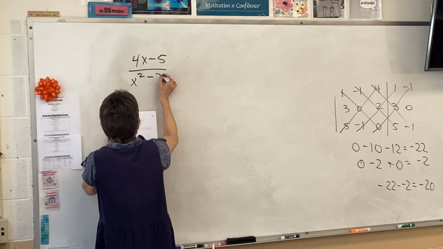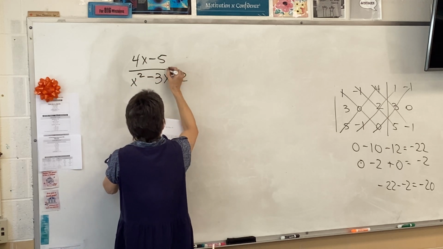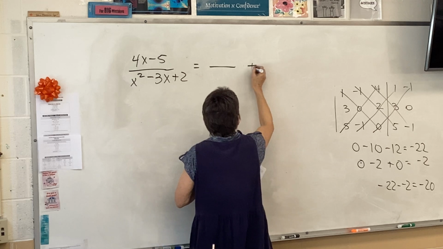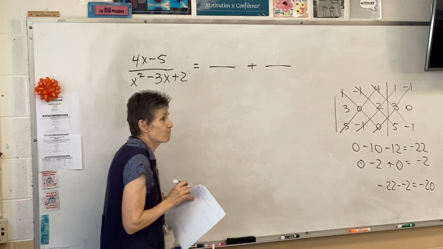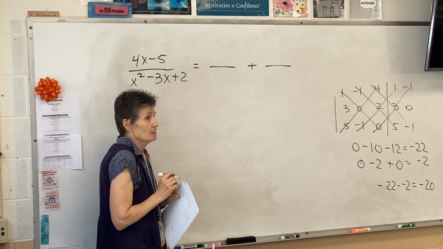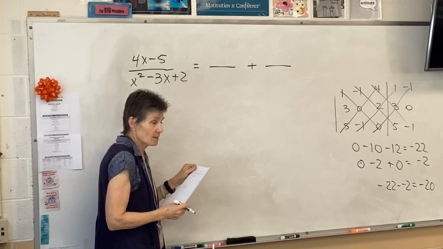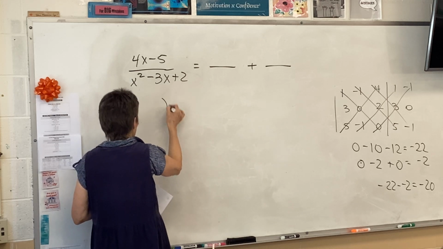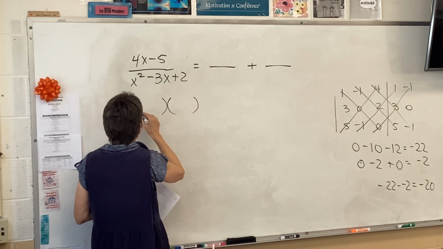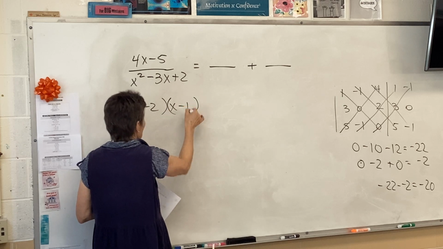So your job is to split this up into 2 smaller fractions. First thing we do is factor the bottom, and that will be x minus 2, x minus 1.